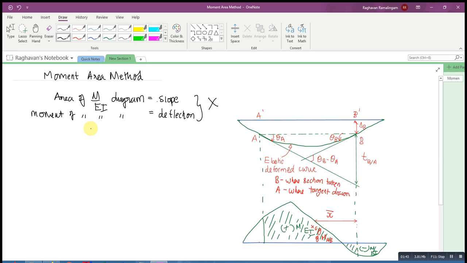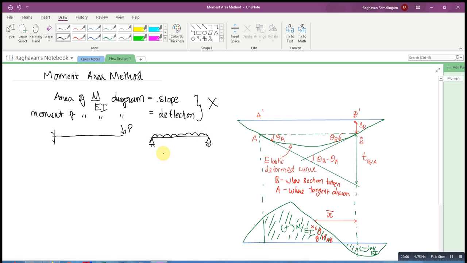It just so happens that you come across examples like a cantilever, and probably beams like this.